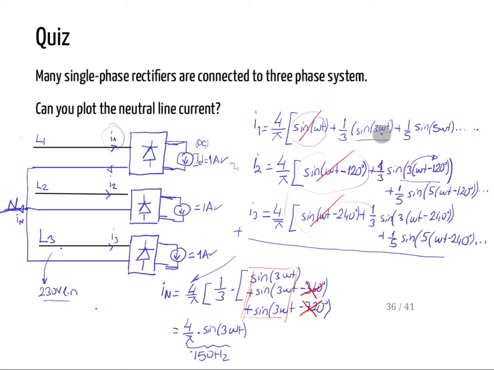Okay, so let's see how it works for the fifth component. Again, I'm not writing 4 over pi again.